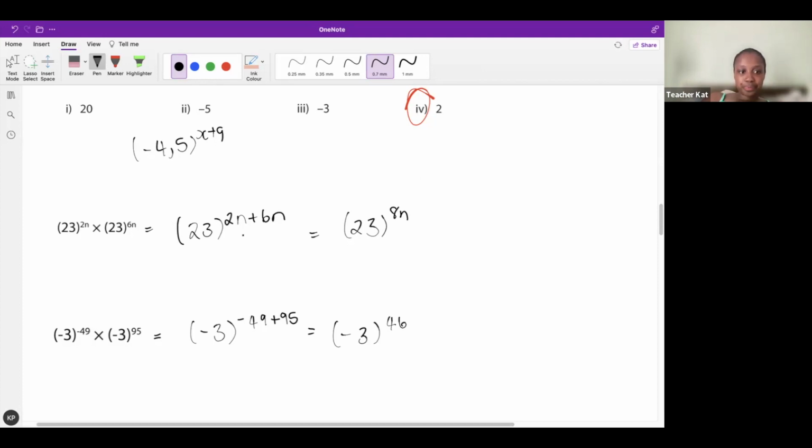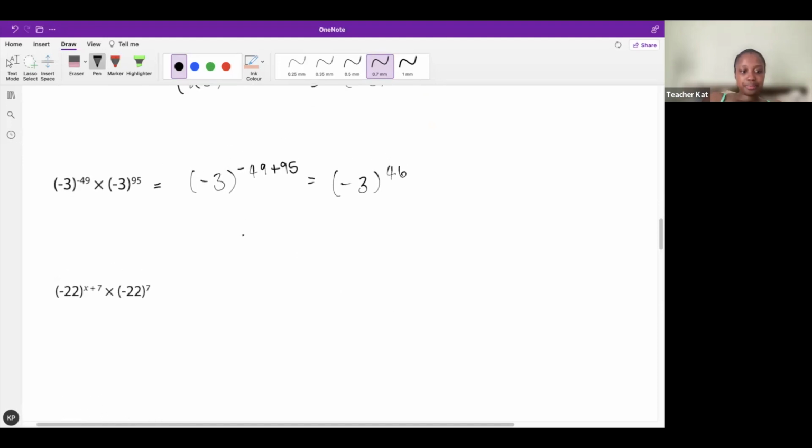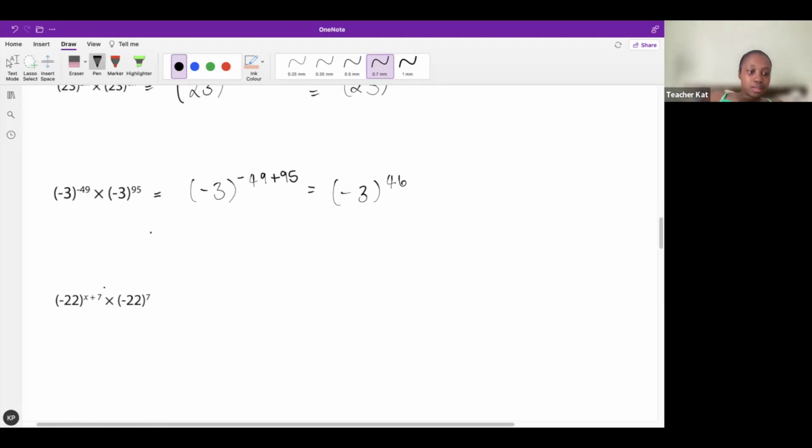Wonderful. Okay. Next. -22 times negative 22 to the power of x plus 7 times negative 22 to the power of 7, okay? So it's going to be negative 22 to the power of what plus what?